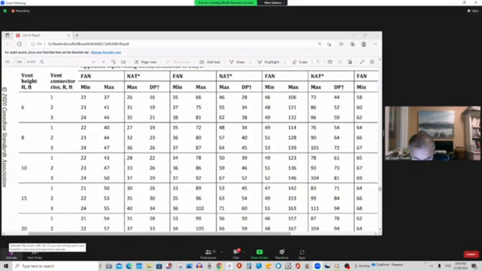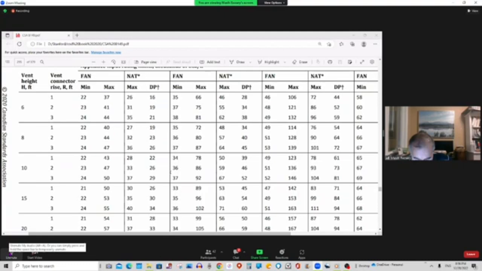Please tell me, first of all, it is B vent, B connector, and complies with 8.2.1. I solved this one, please listen to me, okay?